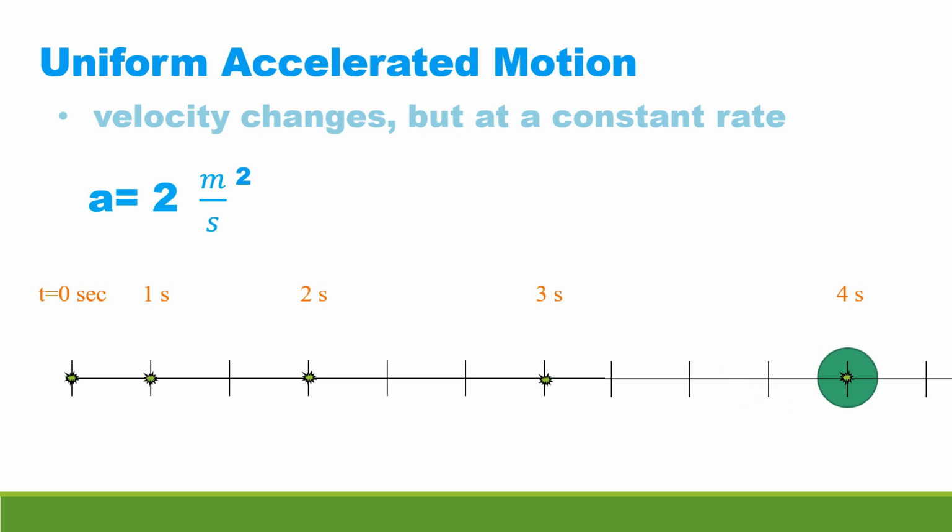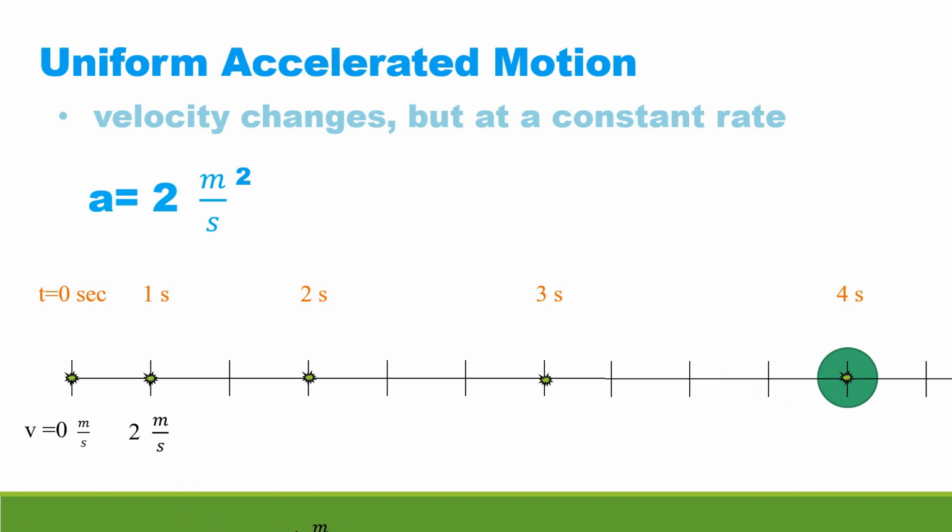Since we started from rest, the ball at time 0 seconds is 0 meters per second. Next, at 1 second, since we have an acceleration of 2 meters per second squared, the velocity is 2 meters per second. After this, the ball gets faster.